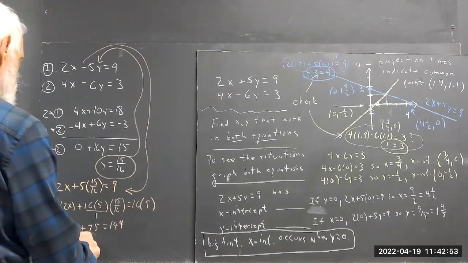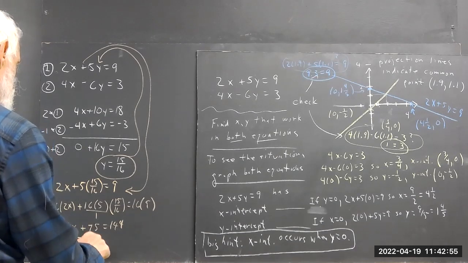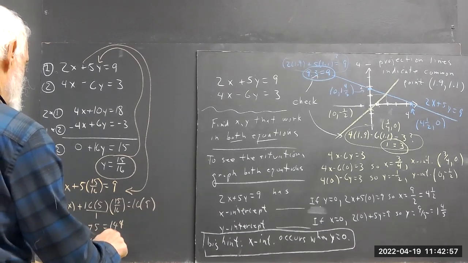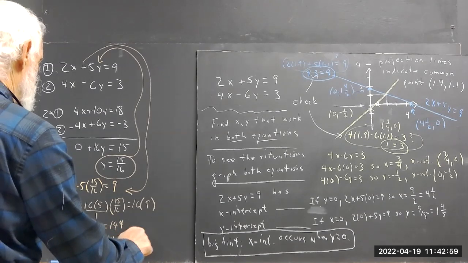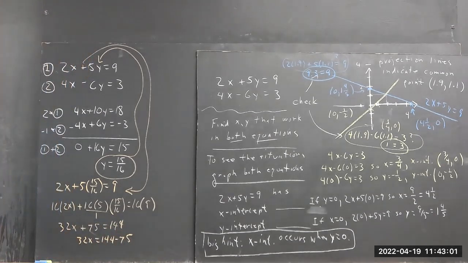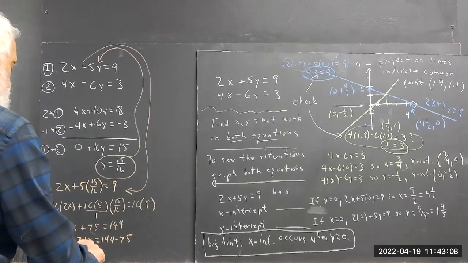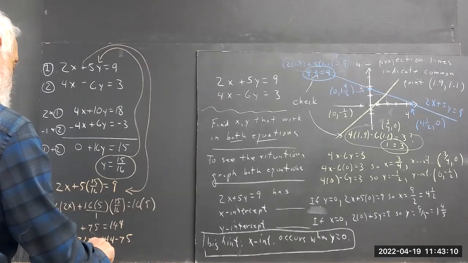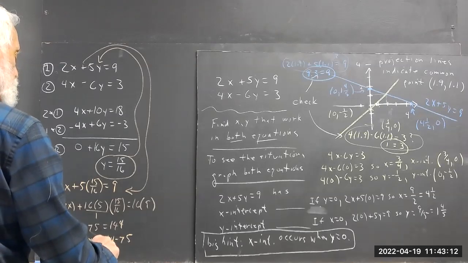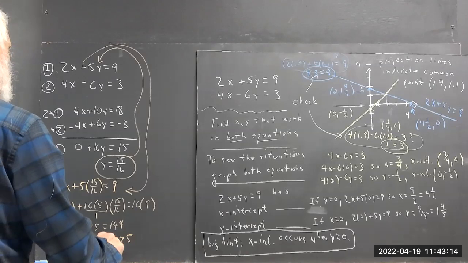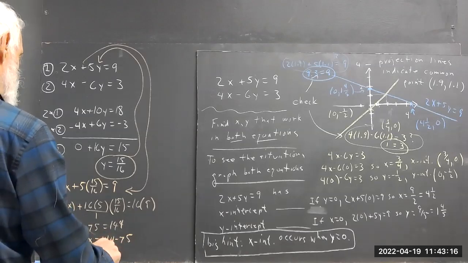Which means, of course you want to write this out step by step, but I'm shortcutting it a little bit. 32x is 144 minus 75. So 32x equals 69.